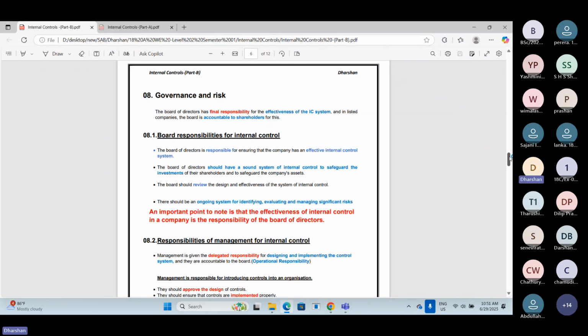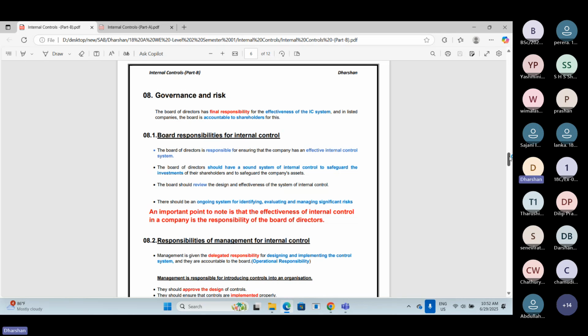Don't misunderstand that senior management or employees or internal auditor or external auditors are responsible for internal controls. Final responsibility must be with directors. Clear? That must be highlighted, and you should clearly keep it in your mind.